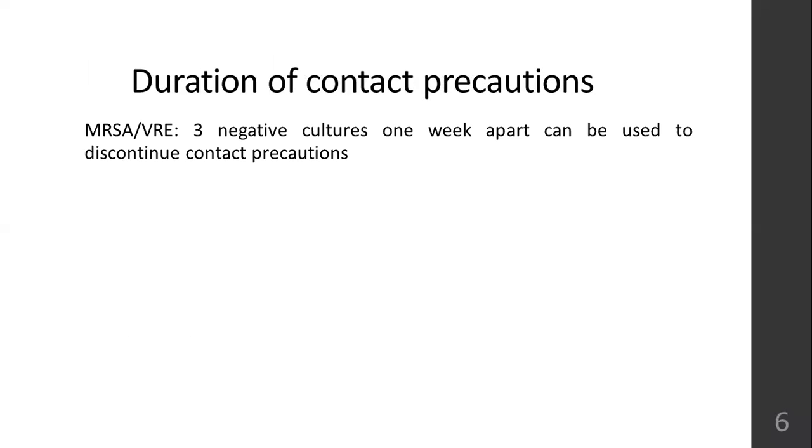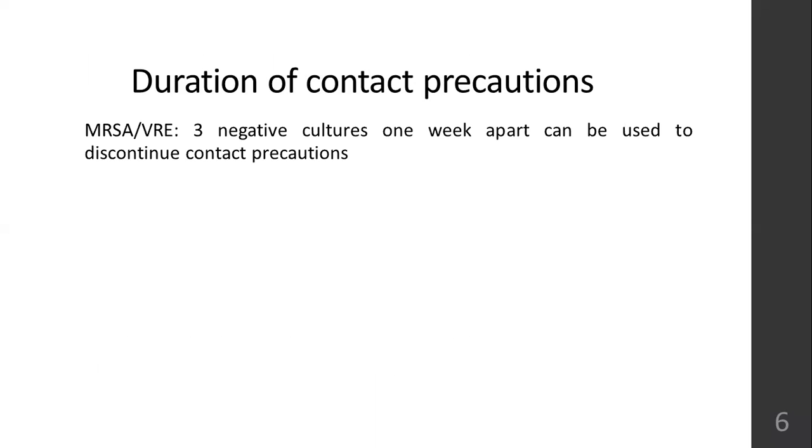Duration of contact precautions: how long you will have to continue the contact precautions, because it spreads through contact. Contact precautions will be put into place, like using gloves. Until you get 3 negative cultures 1 week apart, you have to follow the contact precautions. For example, today is Saturday.